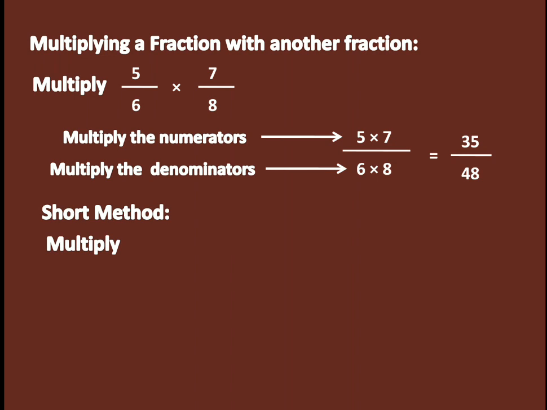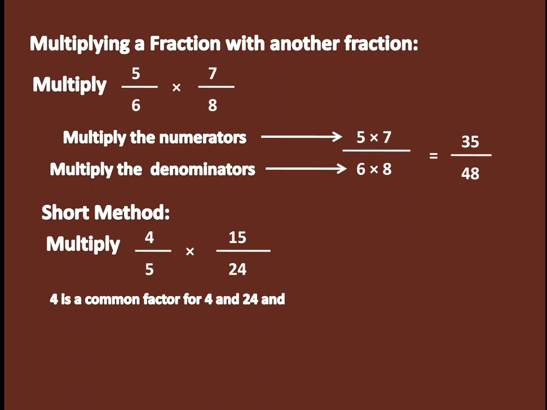For example, multiply 4 by 5 multiply by 15 by 24. Divide the numerator and denominator by common factors and then multiply. In this case, 4 is a common factor for 4 and 24 and 5 is the common factor for 5 and 15. Therefore, 4 by 5 multiply by 15 by 24.